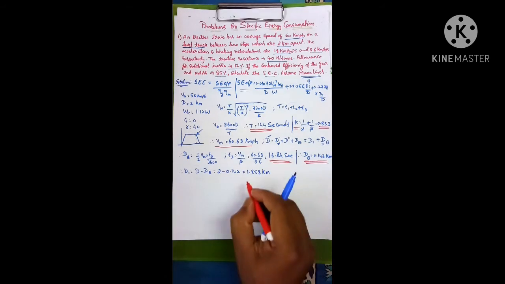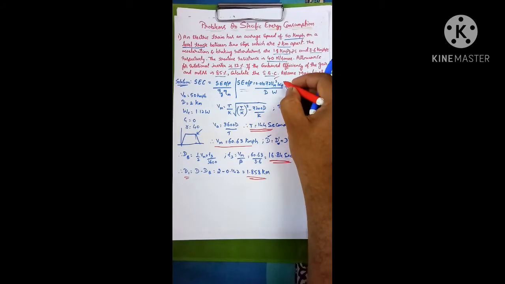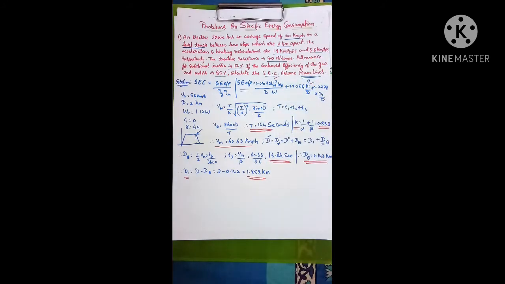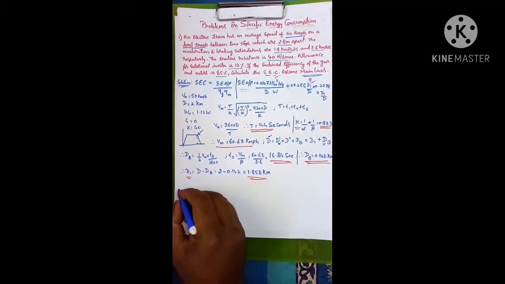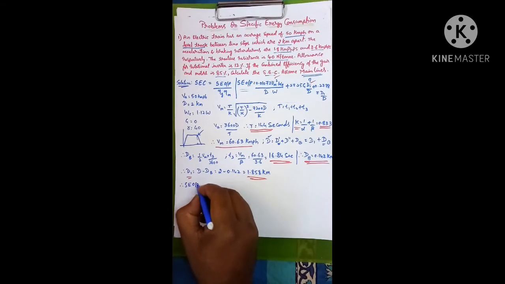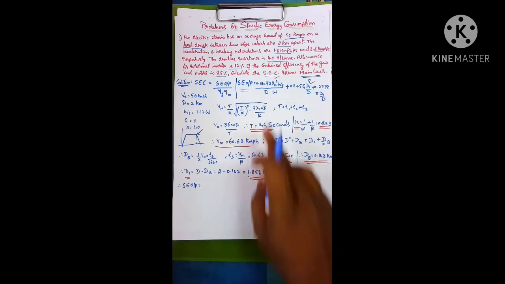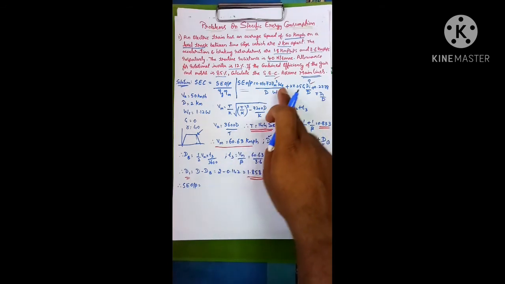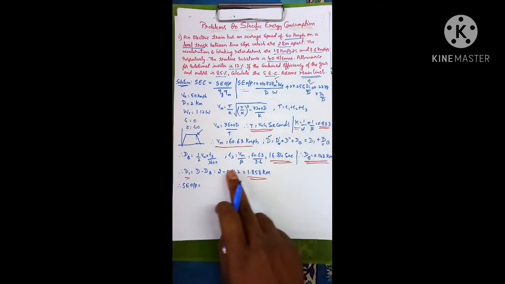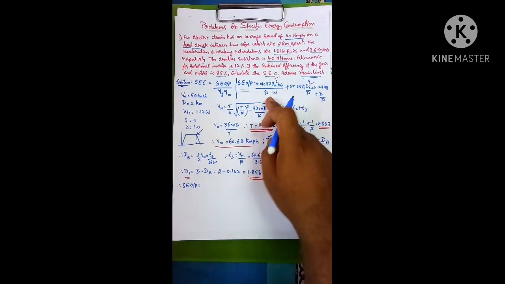So d1 is obtained. Finally we got all the parameters, we got d1, we got Vm, and all other things are known. Just substitute and find the specific energy output. Therefore specific energy output can be given as, substitute the values and get the answer. In place of We you substitute 1.12 times W, and W gets cancelled.